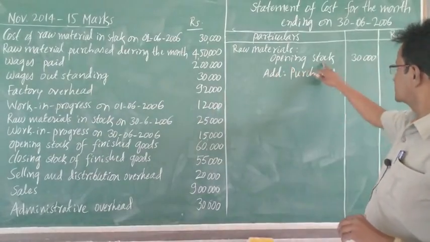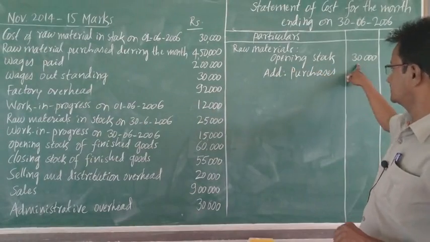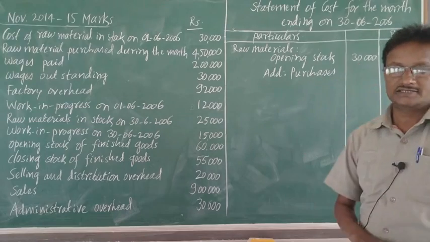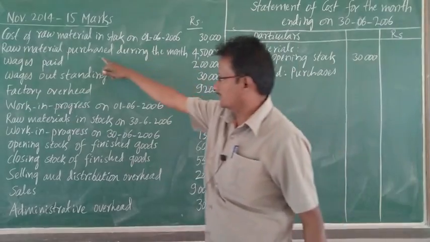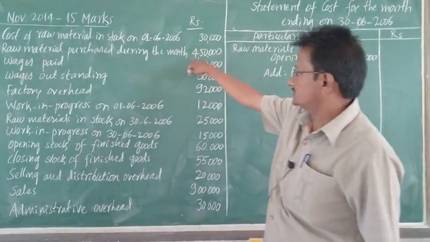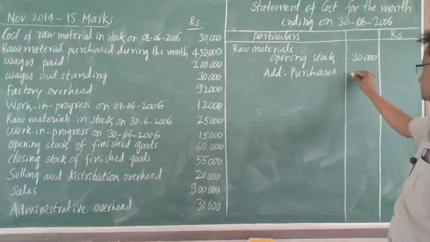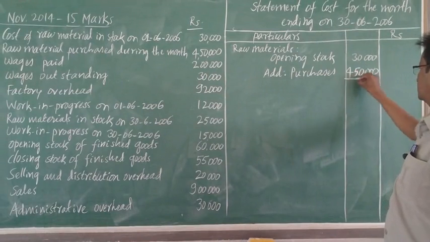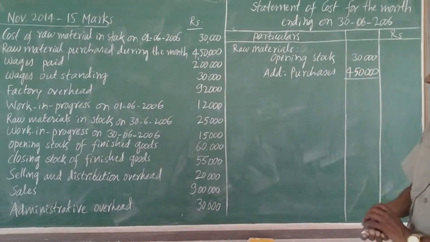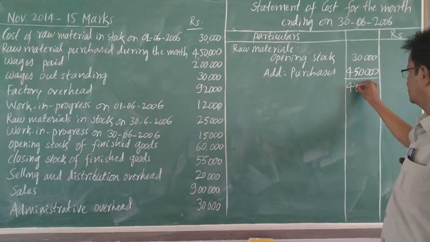So opening stock of raw material is 30,000. Next we have to add purchase of raw materials. Raw material purchase during the month is 4,50,000. The total is 4,80,000.